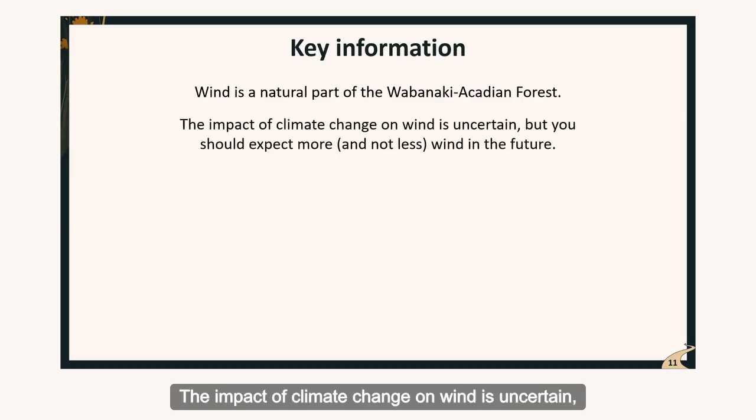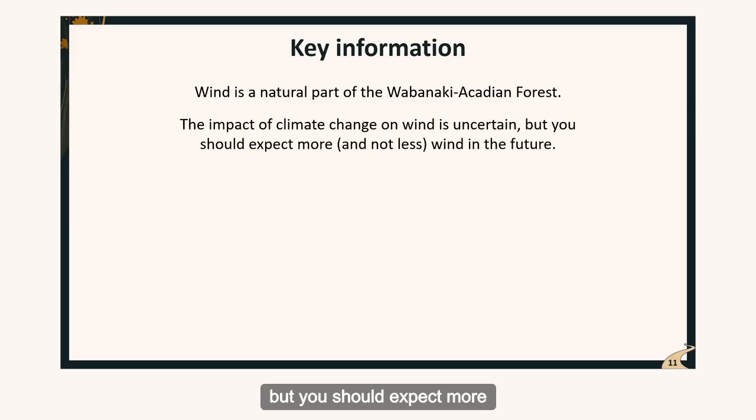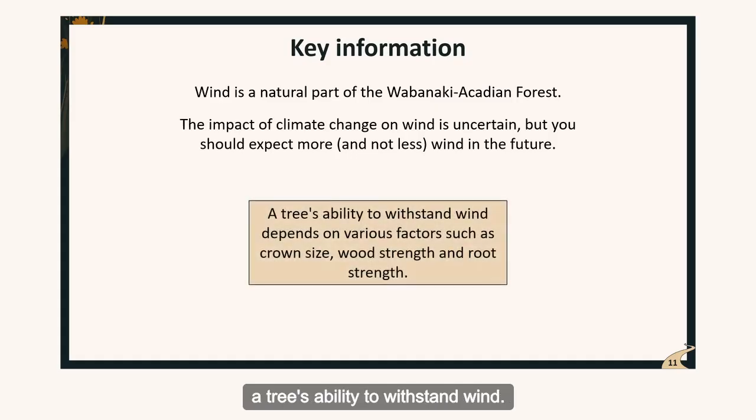The impact of climate change on wind is uncertain, but you should expect more and not less wind in the future. Studies suggest a potential increase in frequency and intensity of storms, and a potential increase in intensity of hurricanes coming north. To assess wind risk, we look at a tree's ability to withstand wind.